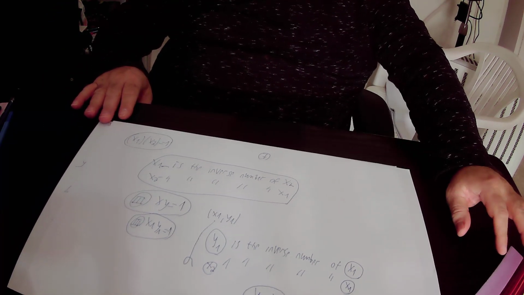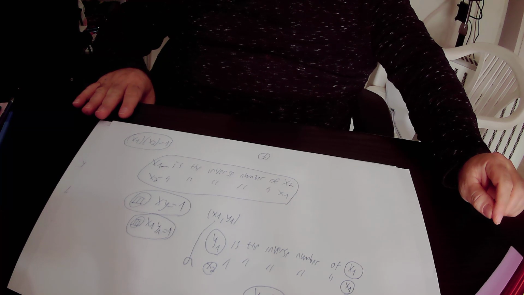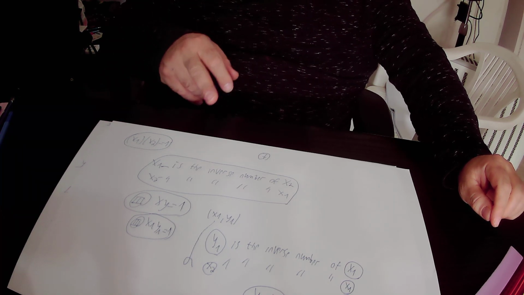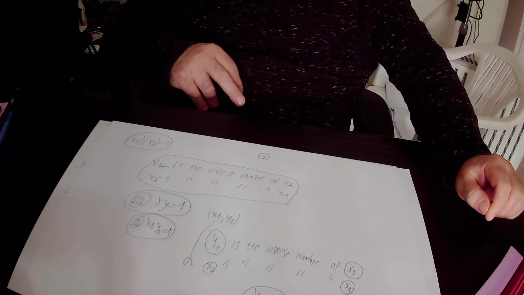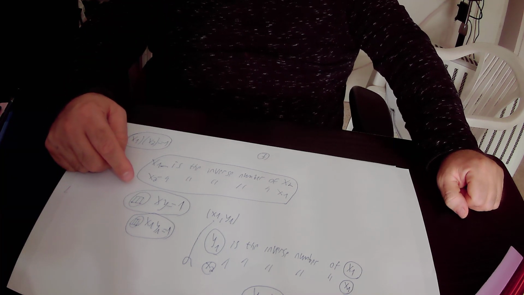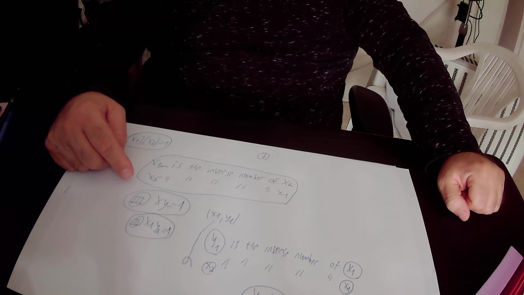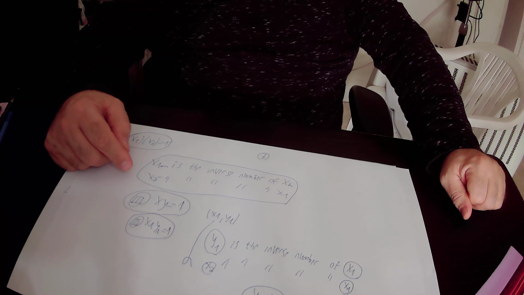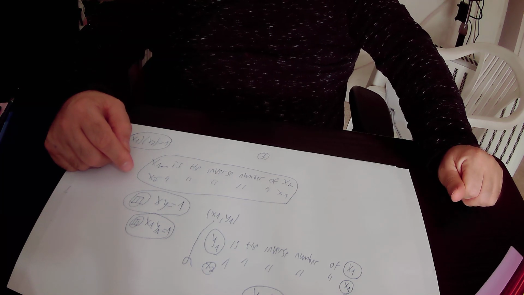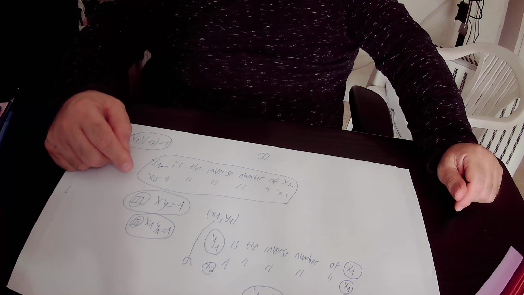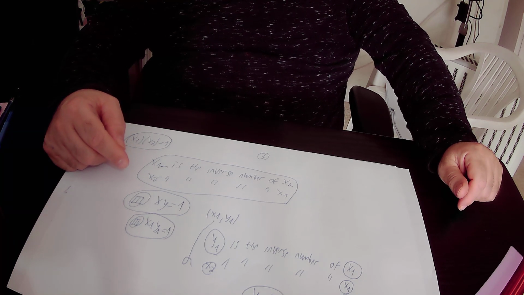What does it mean? It means that x1 is the inverse number of x2, and also x2 is the inverse number of x1. But according to equation number 3, we have already found out that x times y equals 1. The first solution to our quadratic equation was x1, and the second solution was x2.